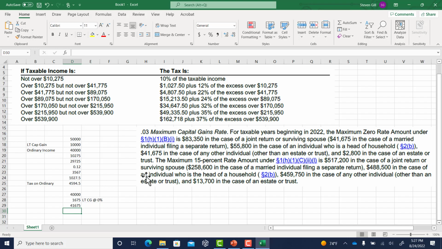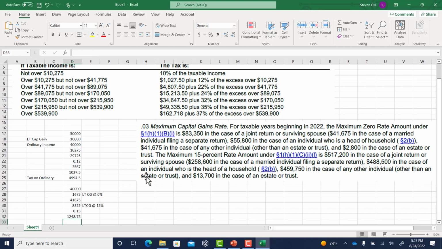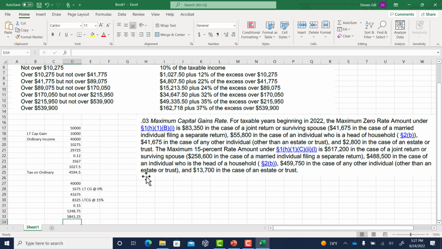However, the remaining 10,000, which is 8325, that's long-term cap gain, but because that's in excess of 41,675, that's going to be taxed at 15%. So we multiply that by 15%. And now we can add the two taxes together to get our total tax, right?